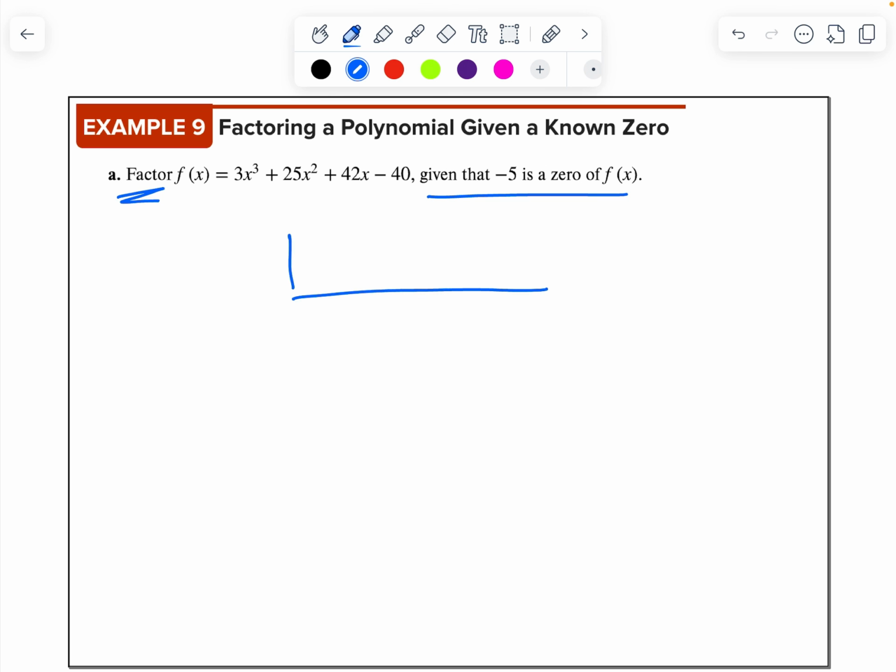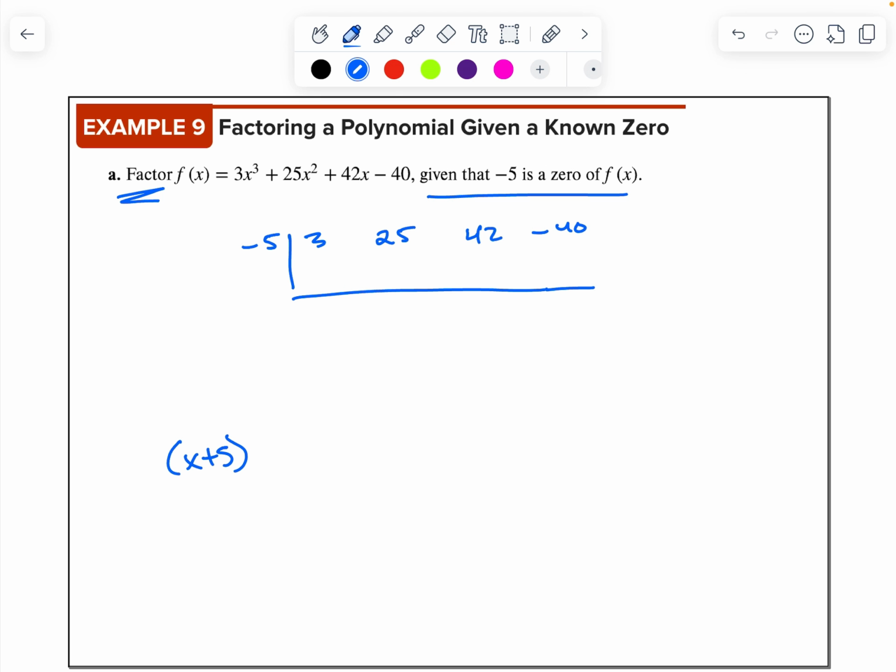So what we're going to do is use our factor theorem and say if -5 is one of the solutions, we know that x plus 5 is one of the factors, right? My coefficients here are 3x to the third, 25x squared, 42x minus 40. I'm being careful to have every one of those terms in descending order, and I don't need to place a 0 in there anywhere.